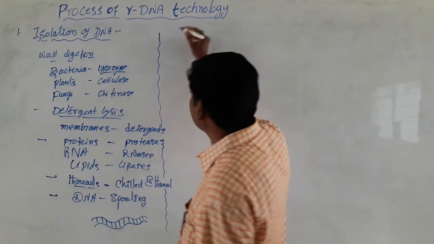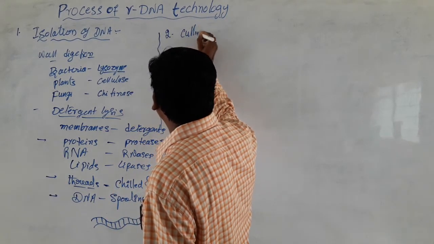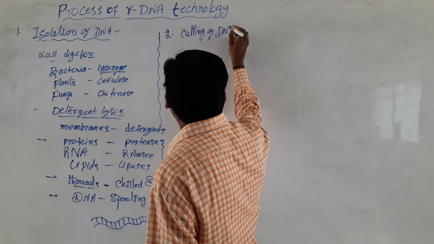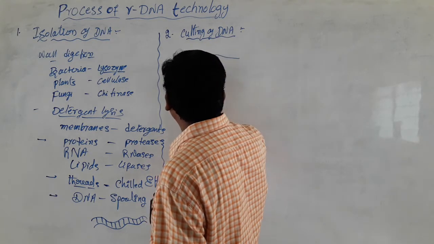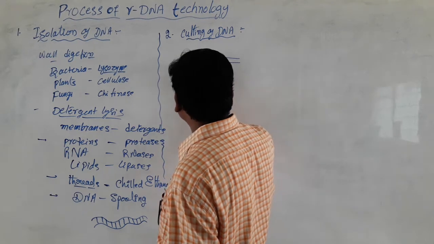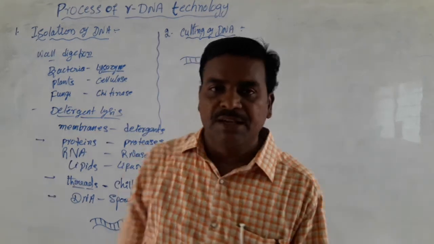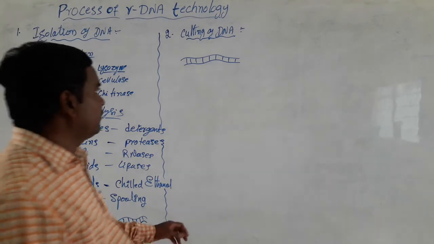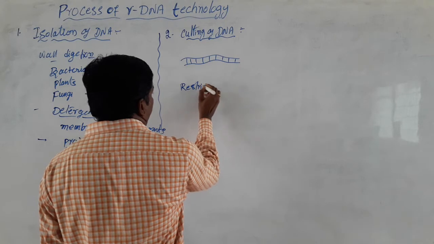Now coming to the second one, this is cutting of DNA. Once the DNA is separated by the method of spooling in the first step, the DNA is cut into several fragments by using restriction enzymes.